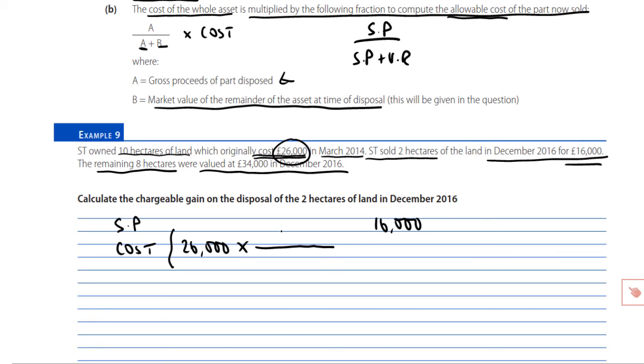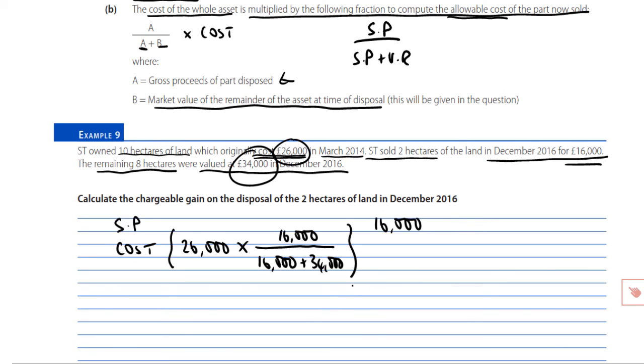On the top line, 16,000. Over a bottom line, 16,000, the sale proceeds, plus the value remaining. What is the value remaining? £34,000 plus 34.